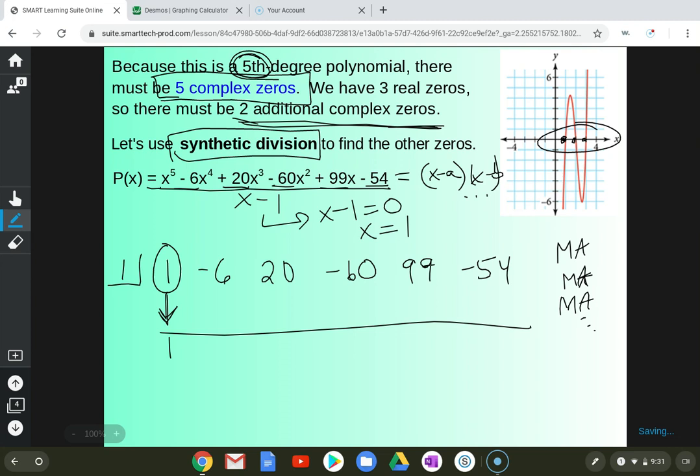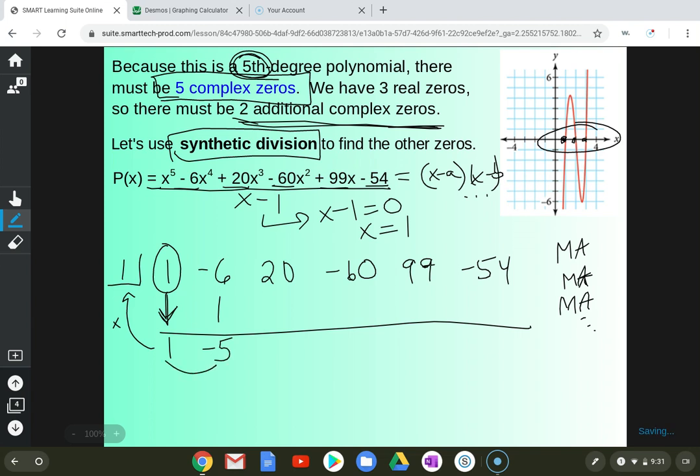So what does ma, ma, ma, ma, ma stand for? It means we're going to multiply up and add down. So we take the number that's down here and we multiply it by whatever number is in our bracket here. So 1 times 1 equals 1, and we put the answer here. Then we add down and we get -5. That's our first ma.